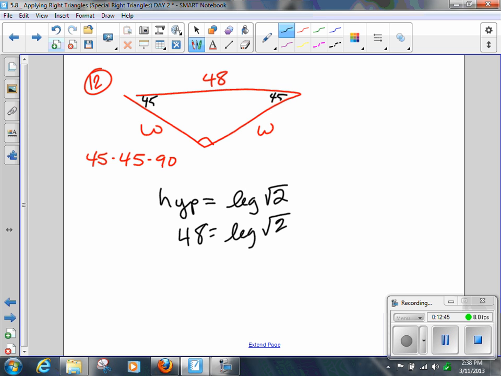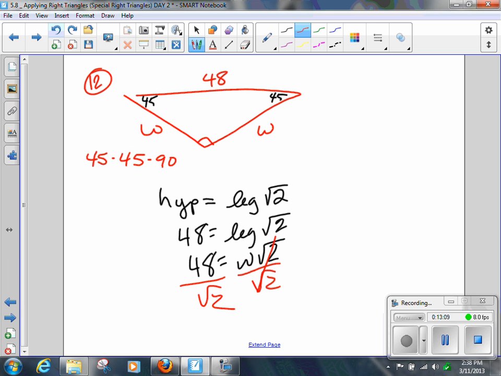I need to solve for the leg, don't I? What's the leg in the picture? W. Check this out. Now we're totally doing algebra, y'all. Root 2, root 2, and my root 2's canceled.